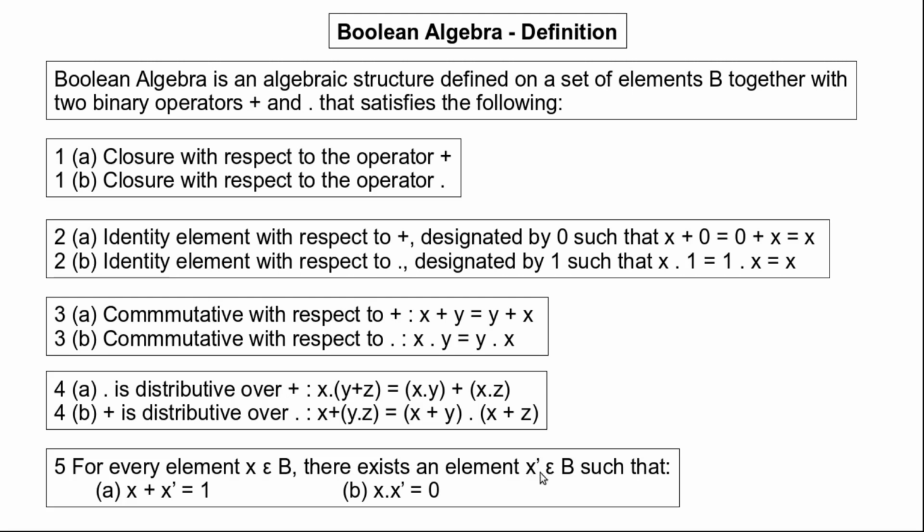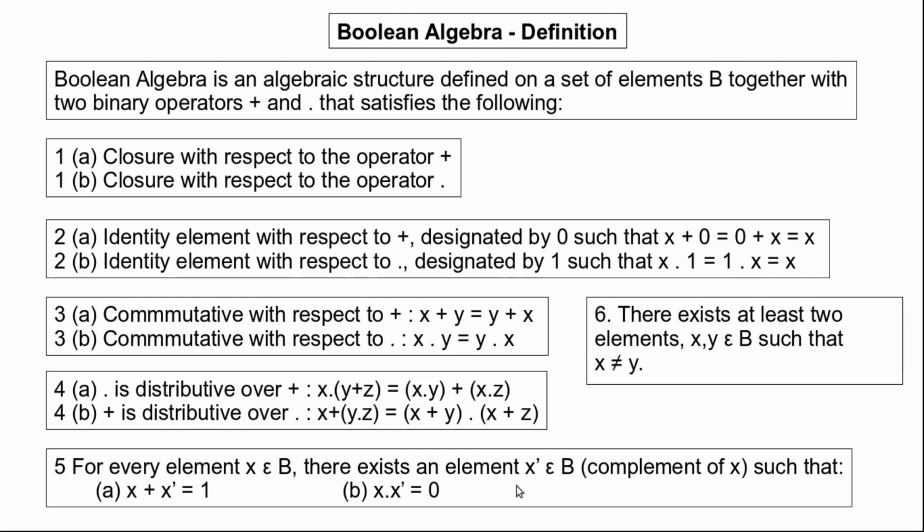And this element x prime is called the complement of x. So for every element x from the set B, there should be a corresponding element from set B which will be the complement of x.